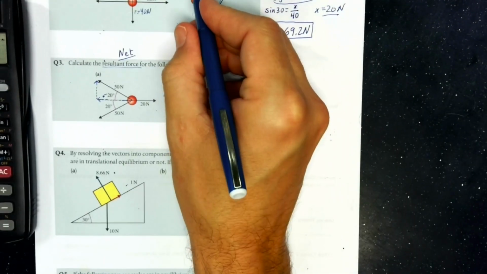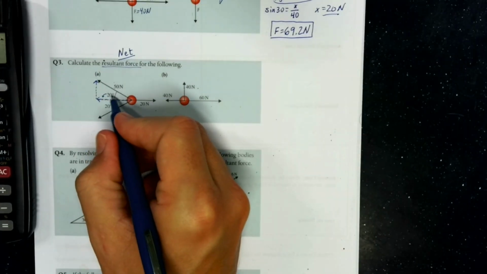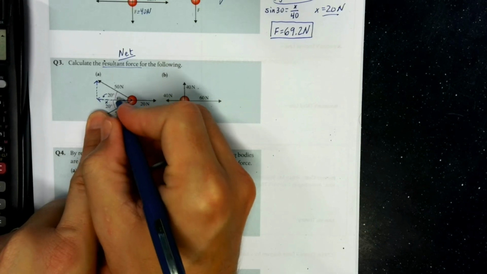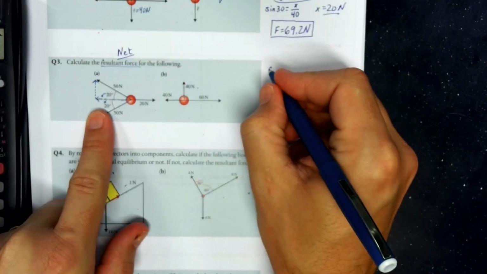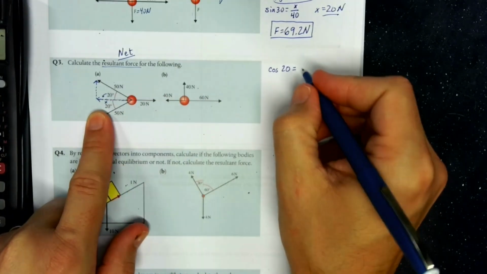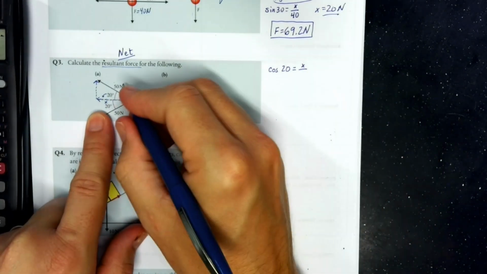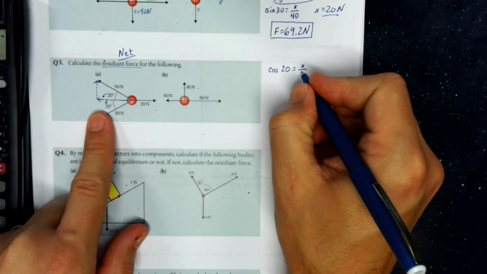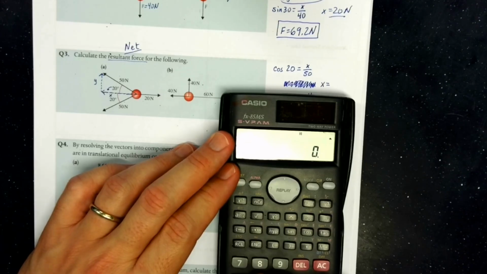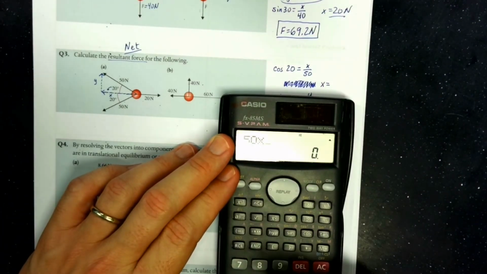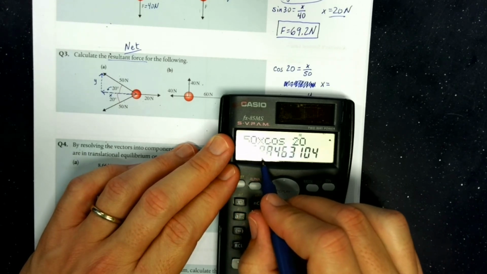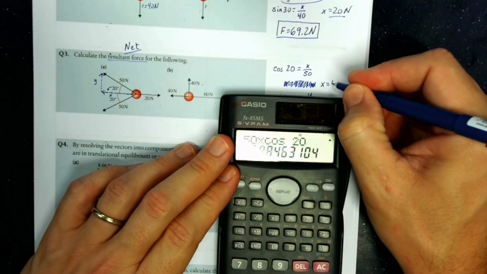I did the y, which was adjacent, before, but this time I'm going to do the x, which is adjacent to my angle. So cosine of 20 equals the adjacent side, x, over the hypotenuse. Cosine is adjacent over hypotenuse. So I'm going to do 50 times cosine of 20, which gives me 46.9. I'm going to round that to 47.0.